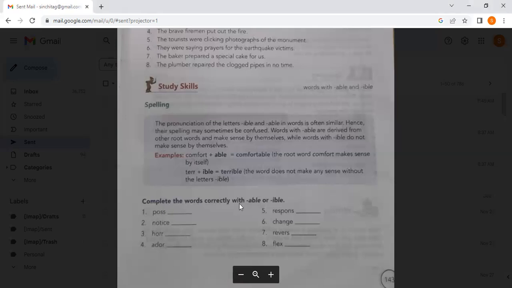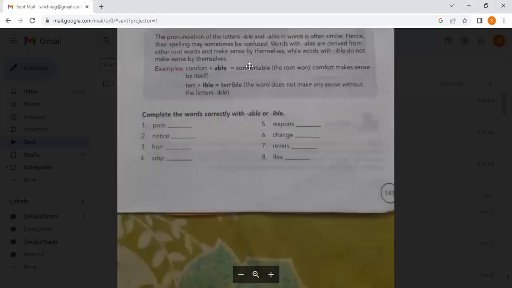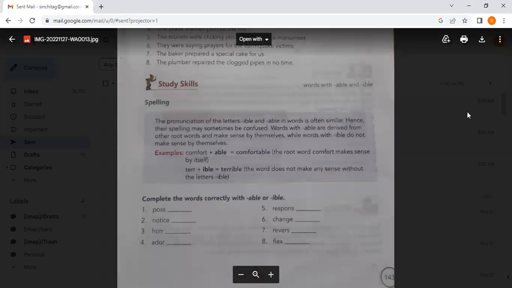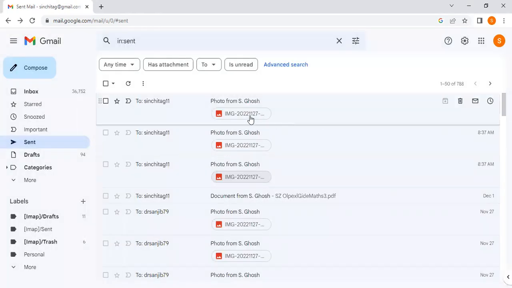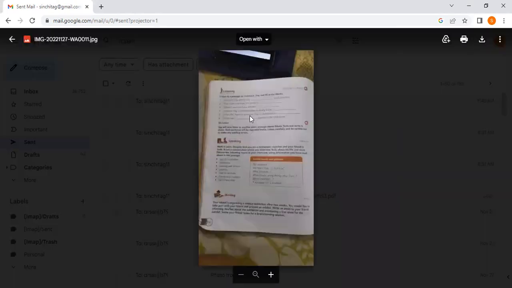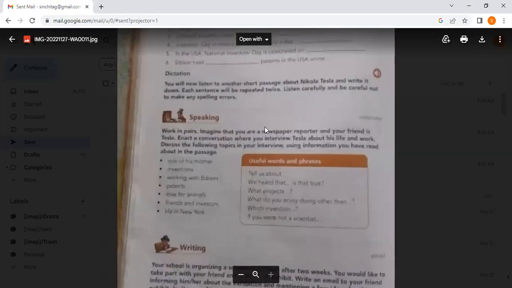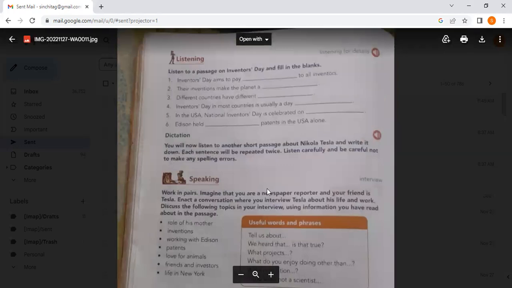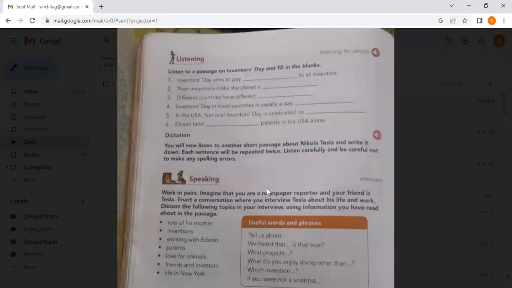Now let's do the next one. Yes, do this one, beta. Inventors Day aims to pay respect to inventors.